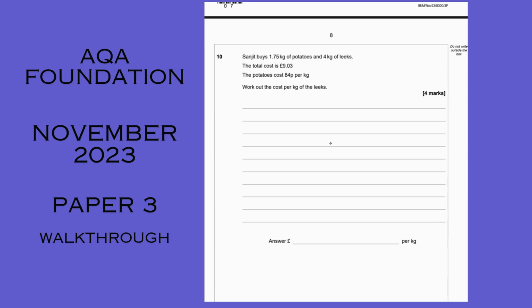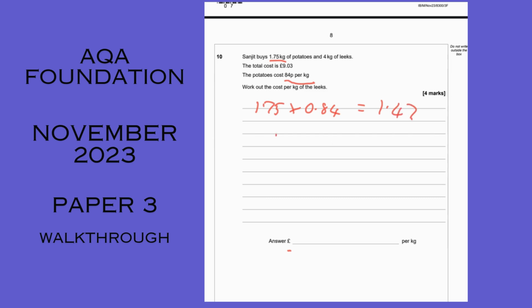Number 10. First of all, you need to link the potatoes and how much you buy. So 1.75 kilograms. I'll do the answer in pounds, changing the pence to pounds because the answer is in pounds. We get £1.47.